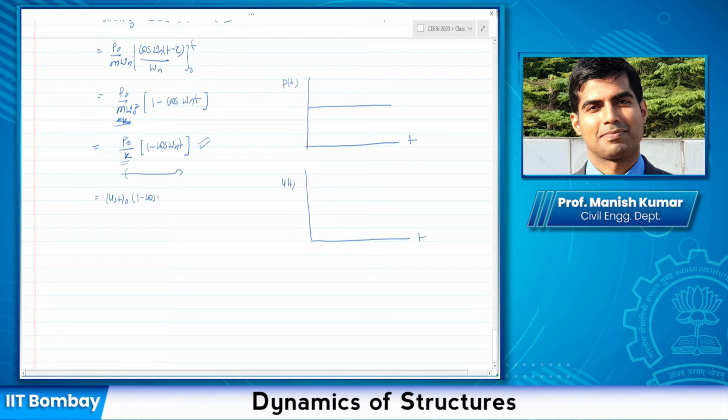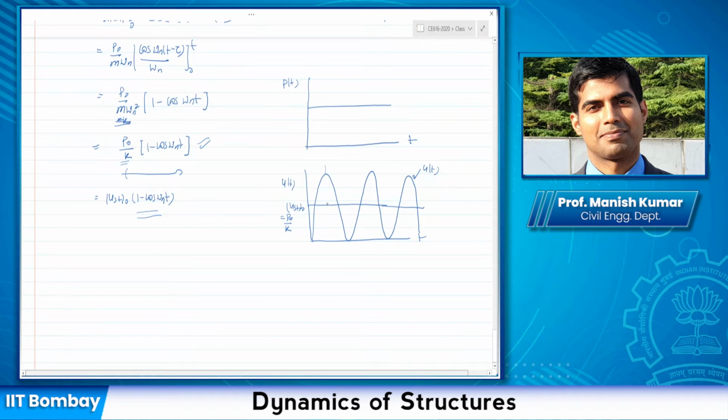So I want to plot this function, and the plot looks like this, if this is u_st naught, equal to P naught by k, and this function is oscillating about it. All right, this is my u of t.